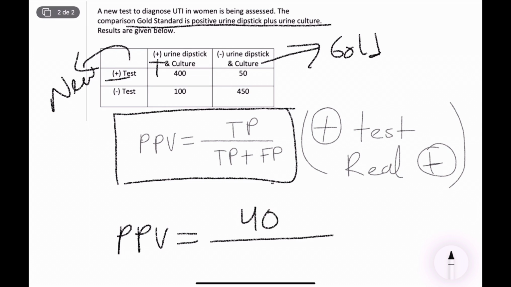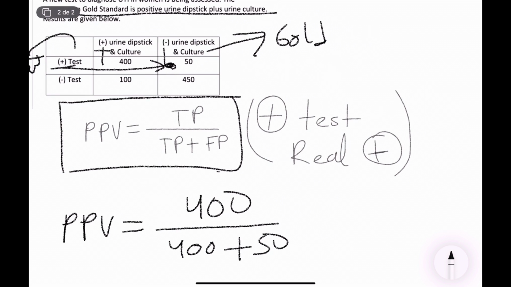So they are 400 divided by 400 plus false positive, that are the people that the new study says have the disease when they really don't have the disease. So the gold standard says they are negatives, 50 people, but the new test says that they had the disease when they do not. So those are the false positives.